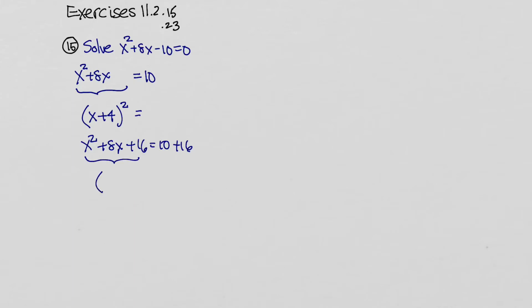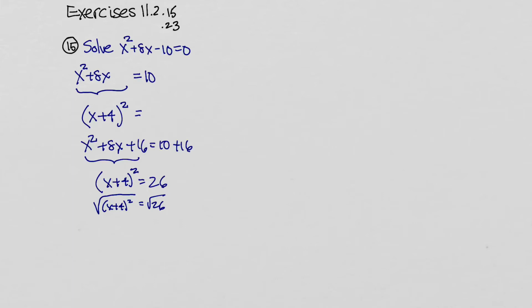This factors just like this. This is just what we produced. We forced it to happen. Equals 26. And we know how to do these problems. We were doing these in the last section. So we have quantity squared equals some number. So let's unsquare. Let's take the square root. So what we're going to get here is the square root of quantity x plus 4 squared equals the square root of 26.